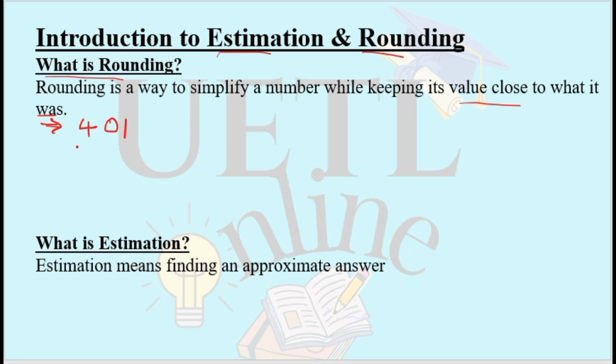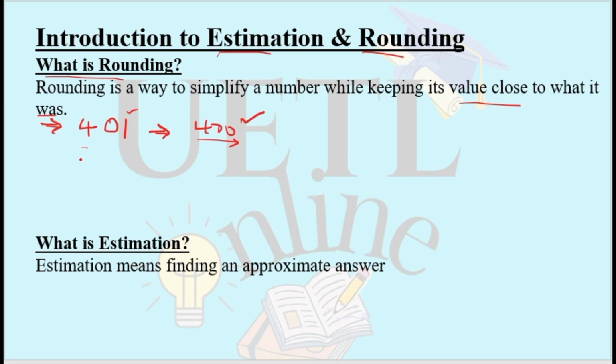You can round it as 400. It's a way of keeping a number as close to the original so that it will be simpler. It is easier to use 400 than 401, so you can estimate that 401 is equal to 400.